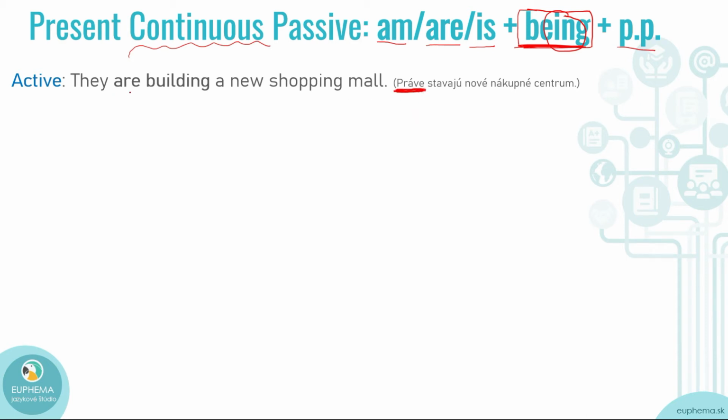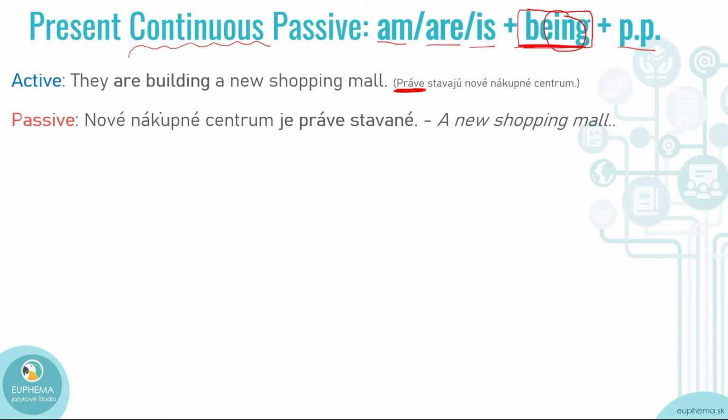Let's see. They're building a new shopping mall. Now in passive, try to translate this using this formula. So you start with a new shopping mall. Try it. Let's check. A new shopping mall is being built.